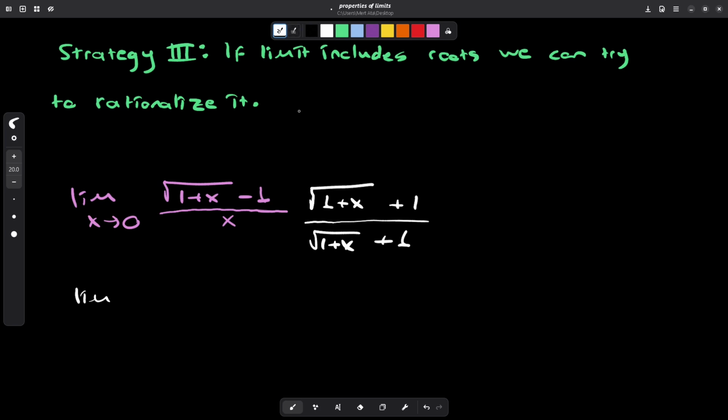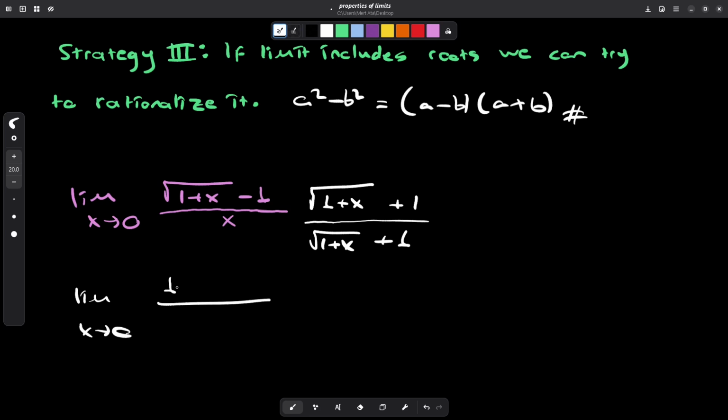The logic behind this is again using a squared minus b squared can be written as a minus b multiplied with a plus b. Again, we are using this. X approaches 0. My numerator will be 1 plus x minus 1 over root 1 plus x plus 1. This is multiplied with x, of course.